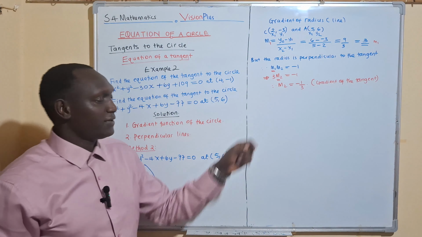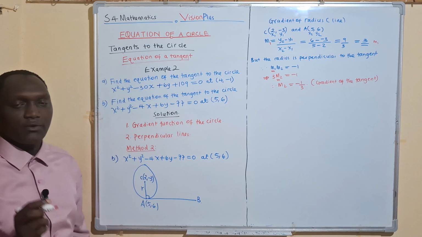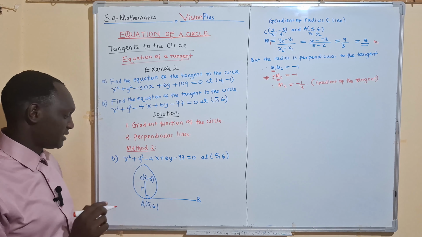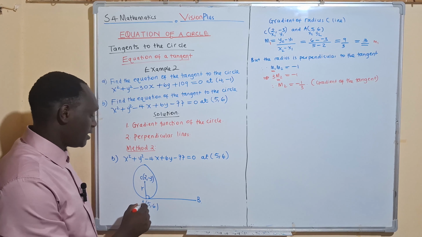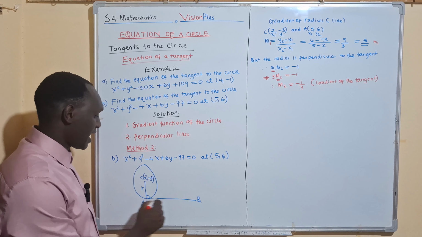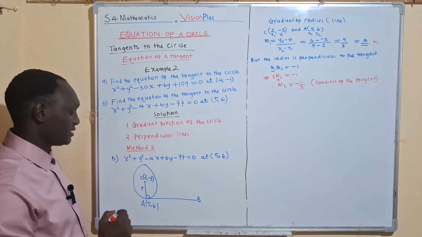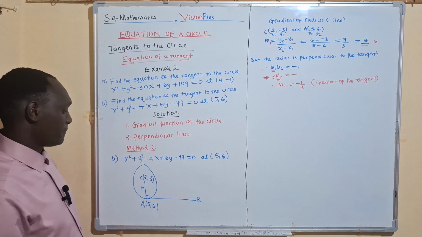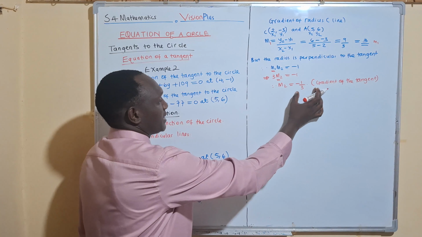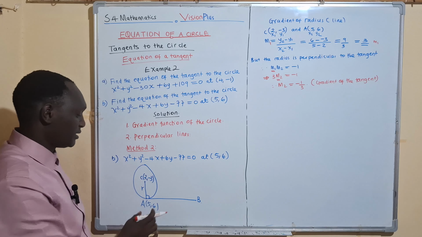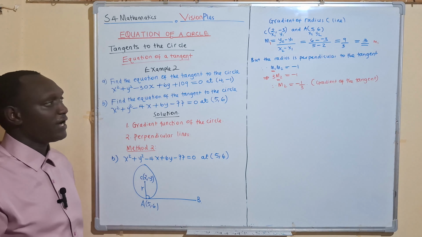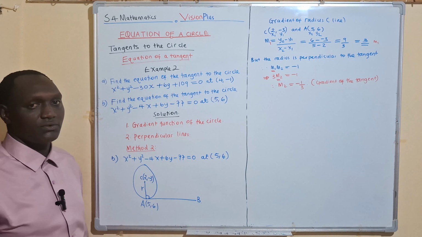Now, since we have the gradient of the tangent and we have one point of the tangent, this same point A here is for both the radius and the tangent. This point is shared by both. So, since I have the gradient of the tangent and one point on the tangent, I can find the equation of the tangent. Why?